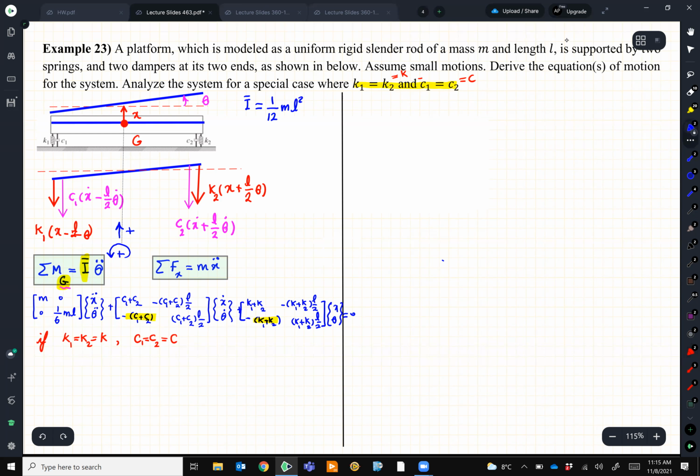So if we simplify the matrices, we will get M, 0, 0, 1 over 6 ML, times x double dot, theta double dot. My damping matrix will be 2C, 0, 0, and CL over 2, times x dot, theta dot. The stiffness is 2K, 0, 0, and KL over 2, times x, theta, equal to 0.